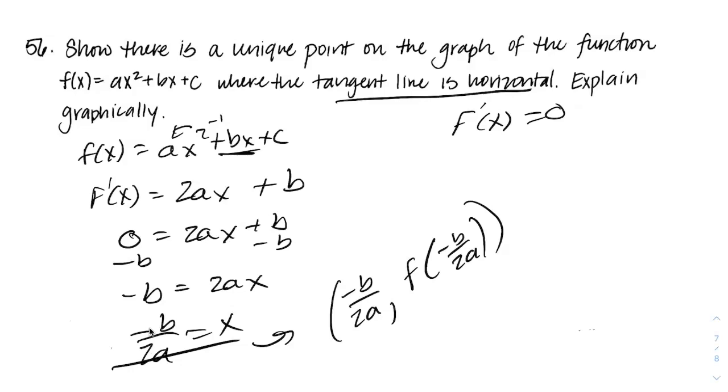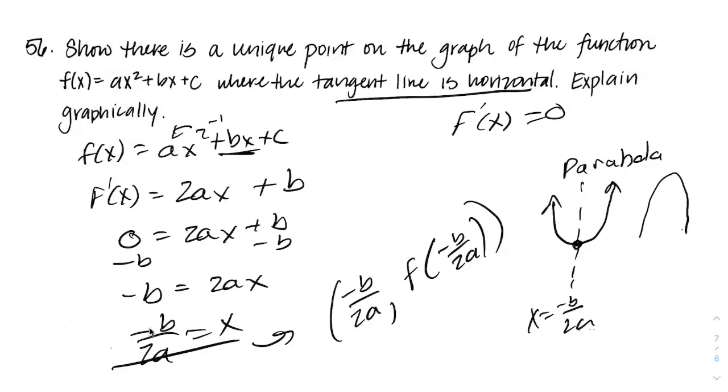And that should look familiar to most of you if we're talking about a parabola. That's how you find the vertex. Remember the axis of symmetry? x equals negative b over 2a. If you want to find the vertex, plug it back in. That's where it comes from.